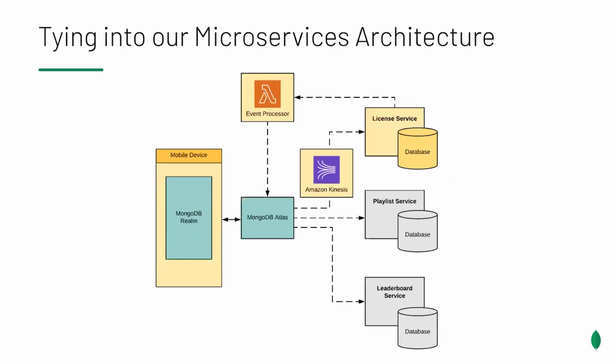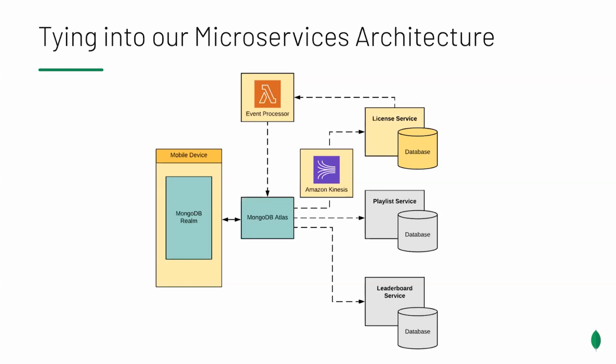So here's what we see with our microservices architecture, taking that same diagram we had before, very simplified, but notice that yellow path. Now we're going from the mobile device to MongoDB Atlas, leveraging serverless functions to put that onto Amazon Kinesis, which we use as our streaming service of choice. That makes its way into the license service, which can do whatever it needs to with it.